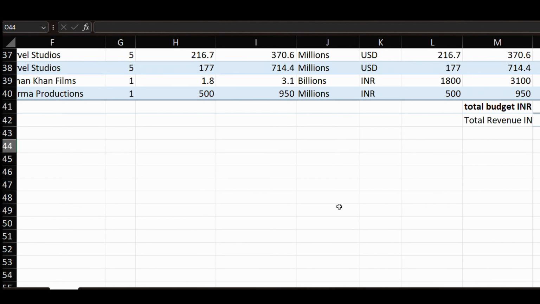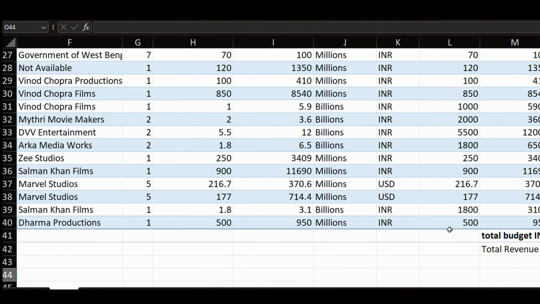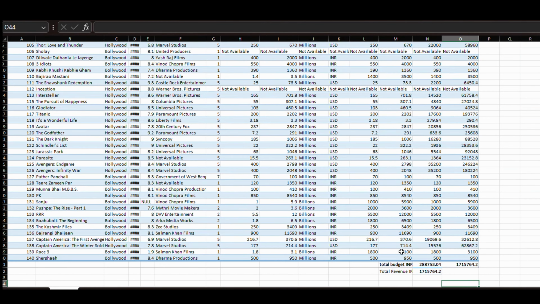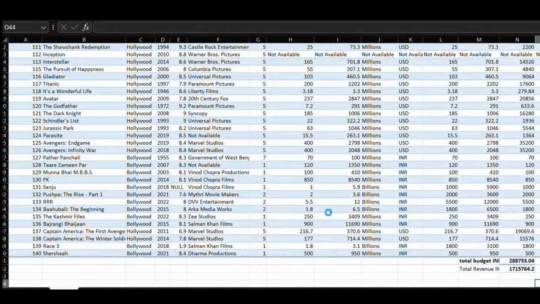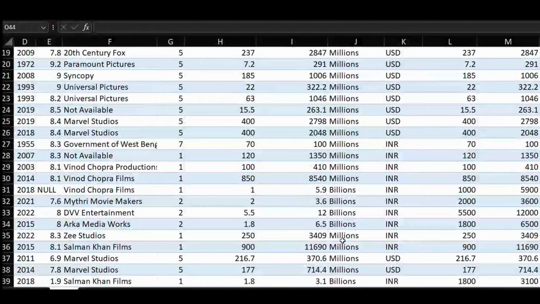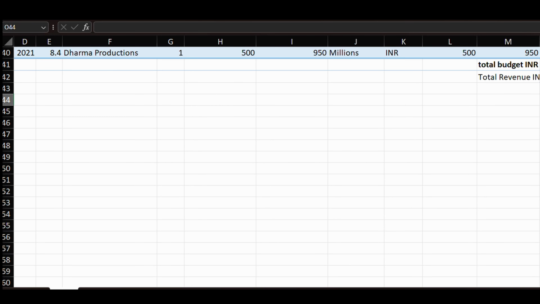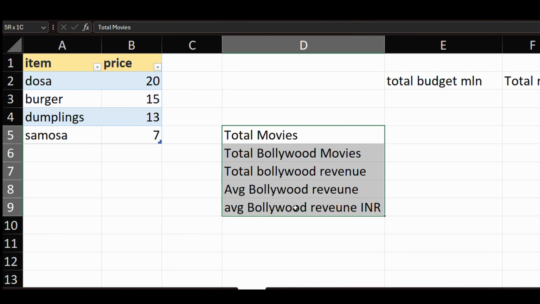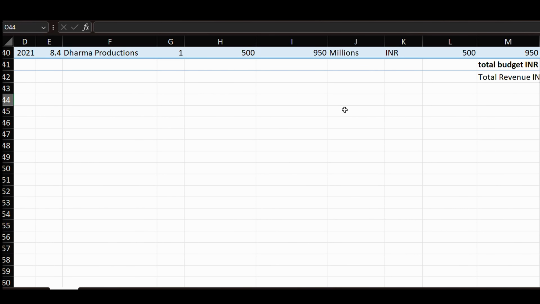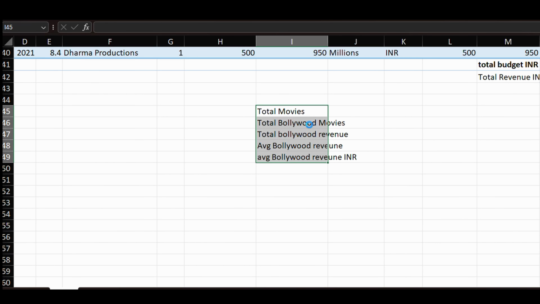Now you have to find a few quantities that I will show you. Okay, you have to find a few things. That is this one. So these are the things you have to get.